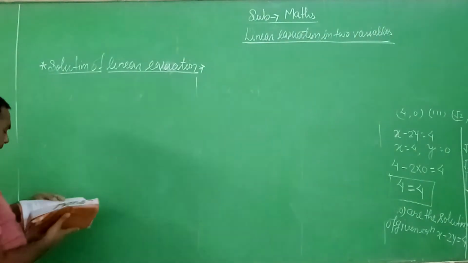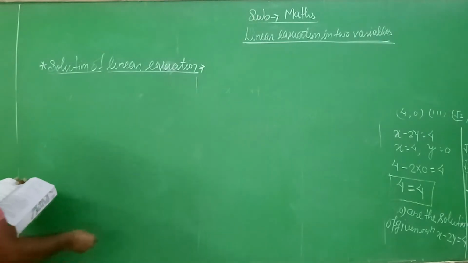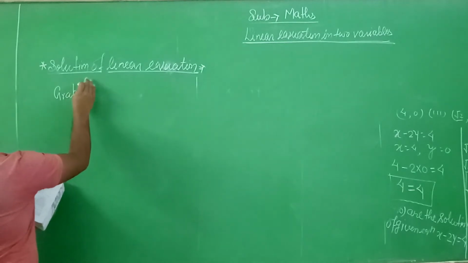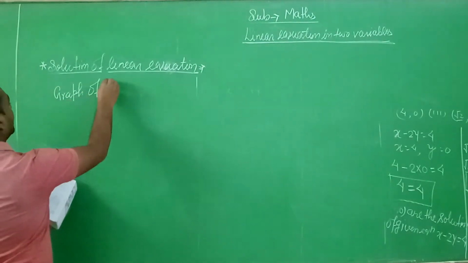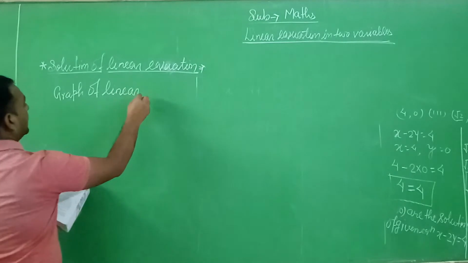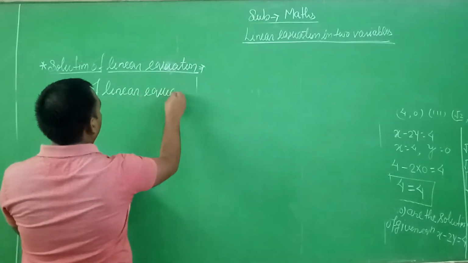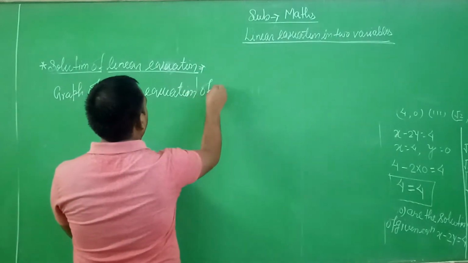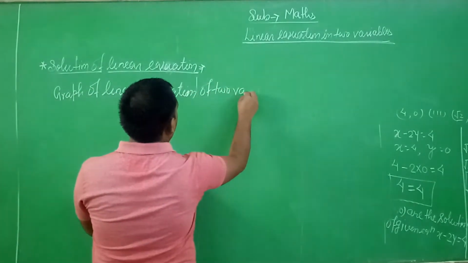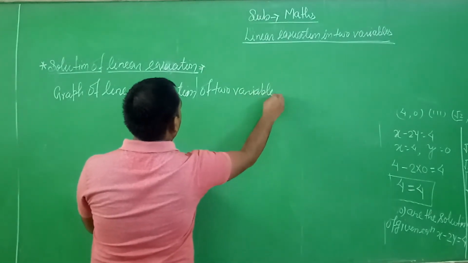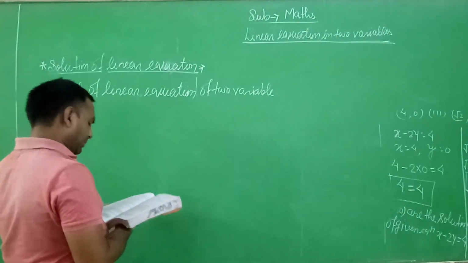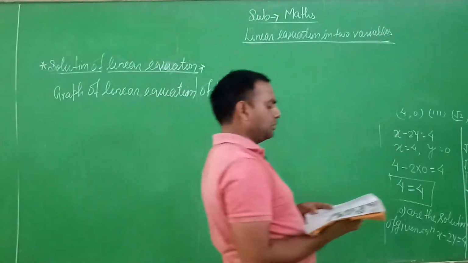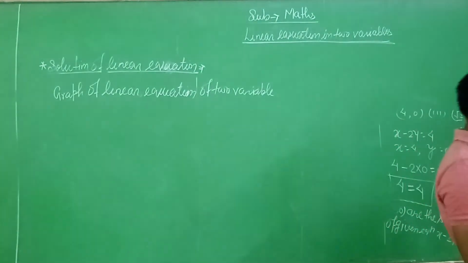Here you see the graph of a linear equation of two variables. Suppose you first take a linear equation and after that you can draw the graph using various points.